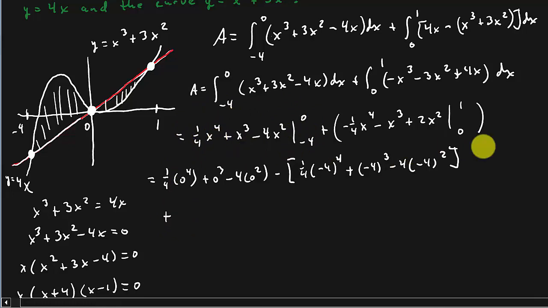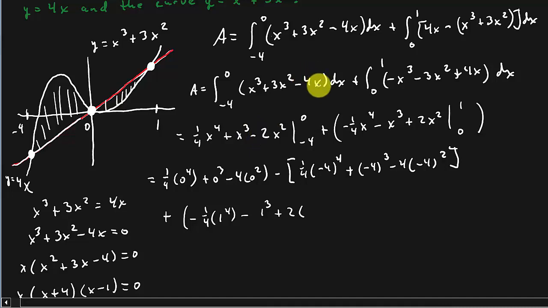Plus, I'm going to have to come down here because I'm running out of room. Now we plug the 1 in. So that's going to be -1/4 times 1 to the 4th minus 1 cubed plus 2 times, oh wait a minute, let's see, did I mess up somewhere? I did mess up, look at that. So when we integrate this one, I've got 1/4 x to the 4th plus x cubed minus 2x squared.